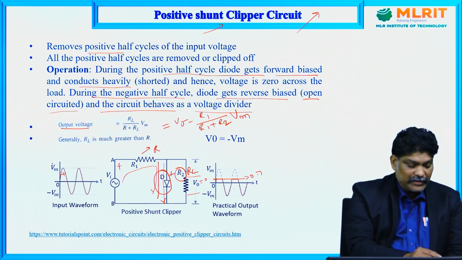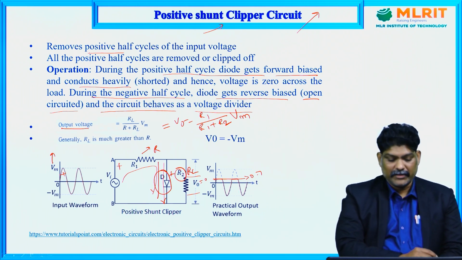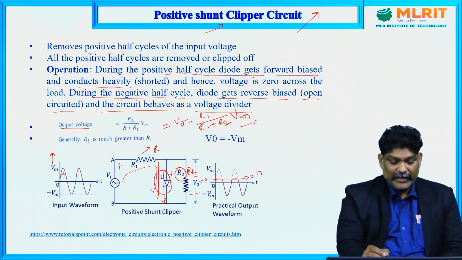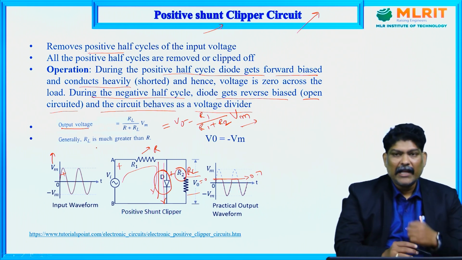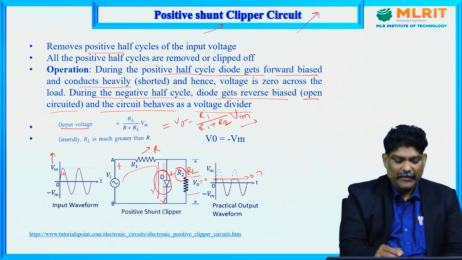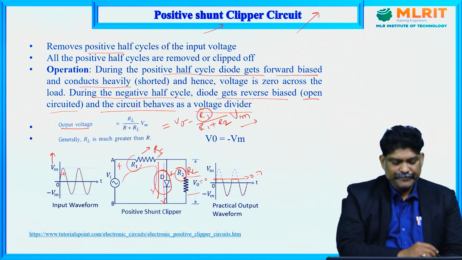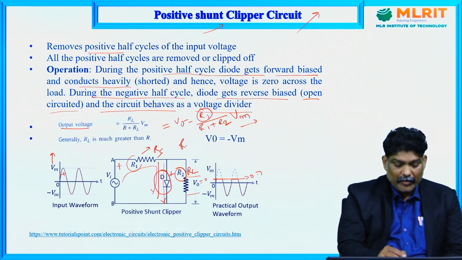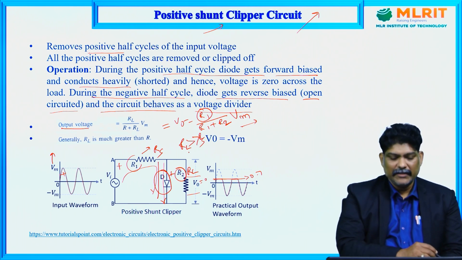This is called peak voltage or maximum voltage. Generally RL, the load resistor, is very much greater than the series resistance. This is the series resistance or source resistance. So RL is always greater than RS, the source resistor or series resistor.